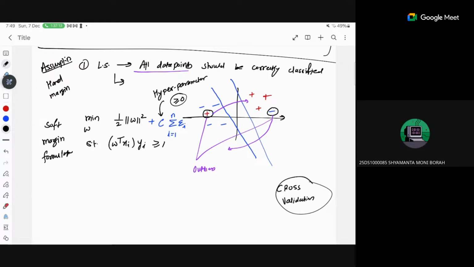Fine. And this formulation will become plus 1, and epsilon i greater than or equal to 0 for all i. Do you understand this point?